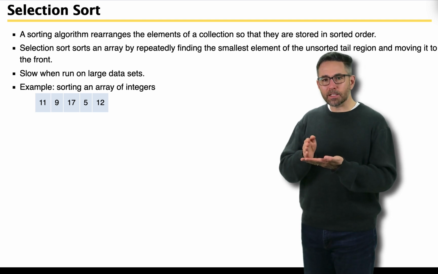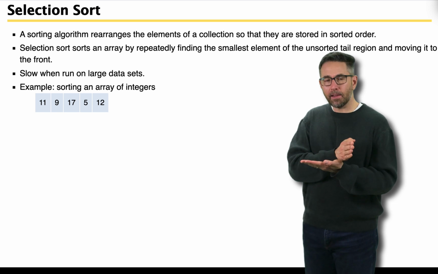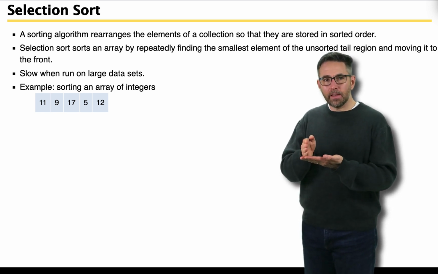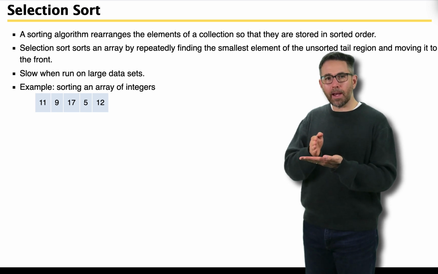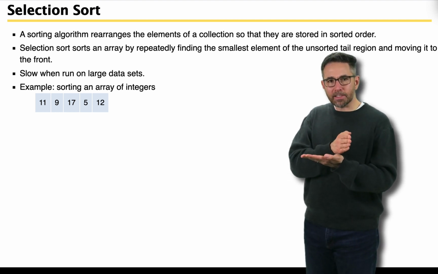It finds the smallest element that is in the unsorted portion of the array, and it places that at the beginning of the tail. Then it shortens the tail by one element, and it looks in the new short tail for the next smallest element. It then takes that next smallest element and puts it at the beginning of the tail.